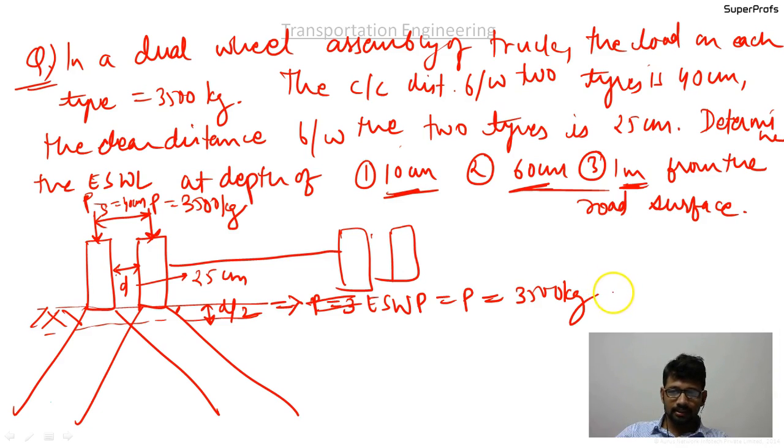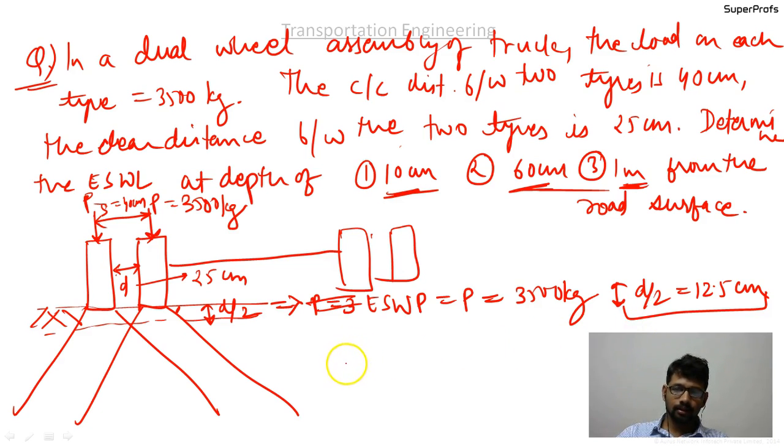Here d is the clear distance between the two wheels, given to be 25 centimeters. So d by 2 equals 12.5 centimeter, so up to d by 2 means up to 12.5 centimeter.